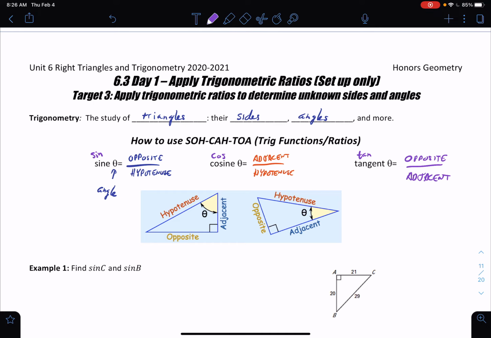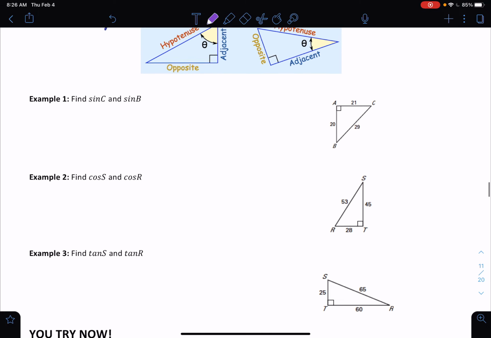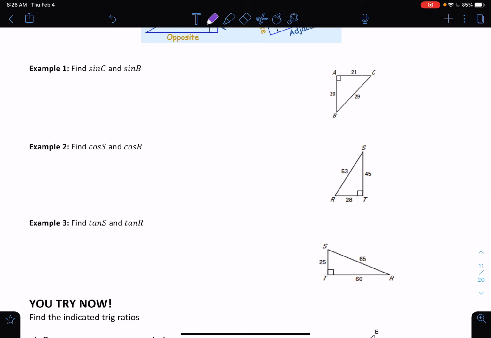Now let's work at just identifying these ratios. So in example 1, we want to find the sine of C. C is acting as our theta. So sine of C equals opposite, the opposite is 20, over the hypotenuse, which is 29. So sine of C is 20 over 29. For the purposes of right now, that's what we're going to stop with.